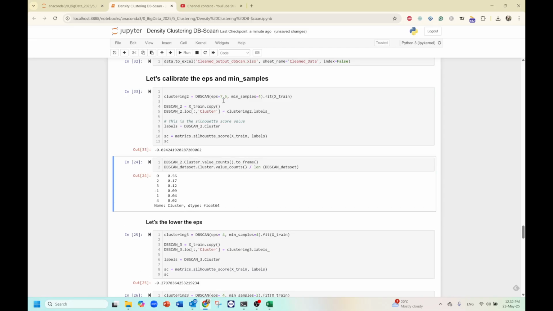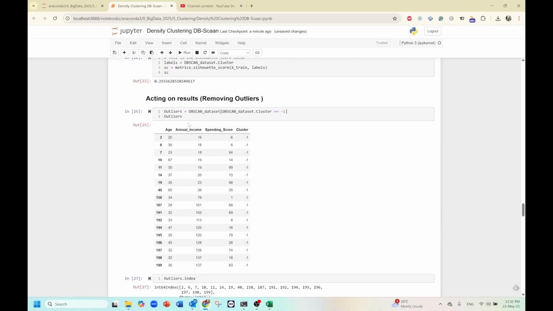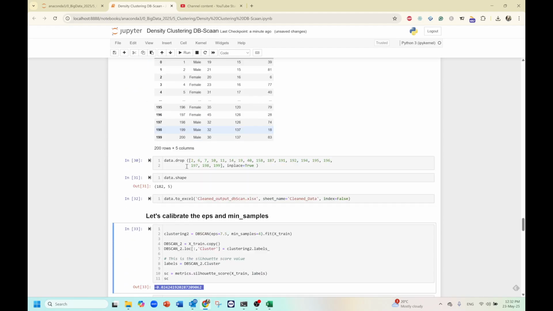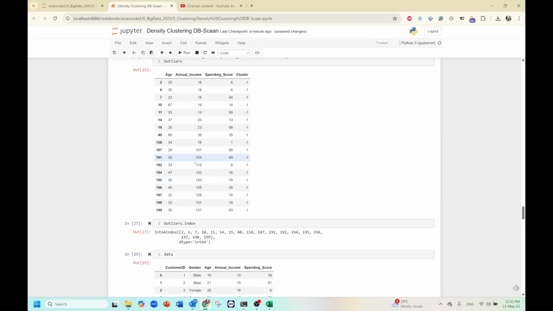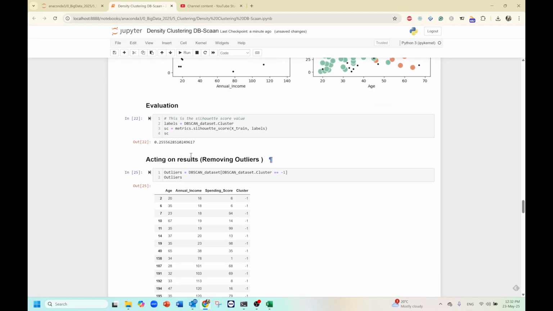So at 7.5, as you can see, compared to the previous evaluation score, we got 25% over here. However, how do we do the trial and error? Two things we need to pay attention to.